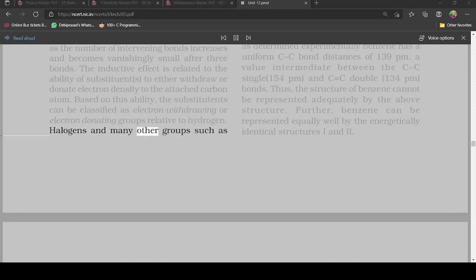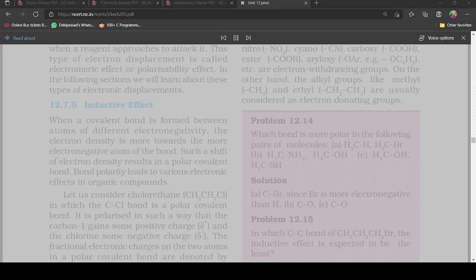Halogens and many other groups such as nitro, NO2, cyano, CN, carboxy, COOH, ester, COOR, aryloxy, e.g., OC6H5, etc. are electron withdrawing groups. On the other hand, the alkyl groups like methyl, CH3, and ethyl, CH2CH3, are usually considered as electron donating groups.